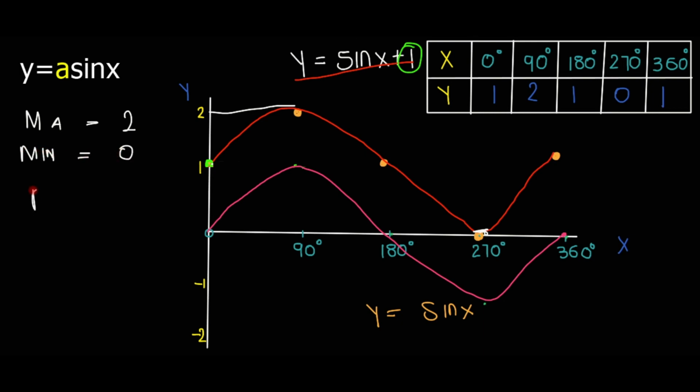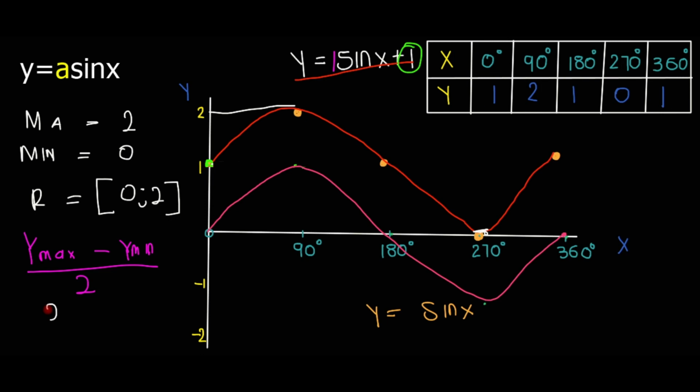So our range is 0 to 2. And now we want the amplitude, we will use this formula: 2 minus 0, divided by 2, gives us 1. So that is our amplitude.